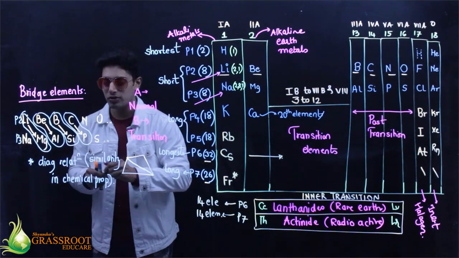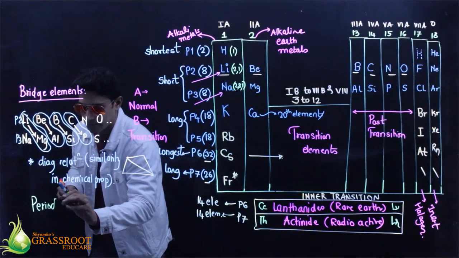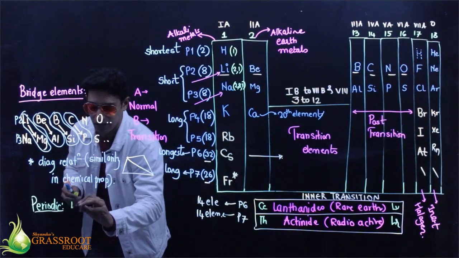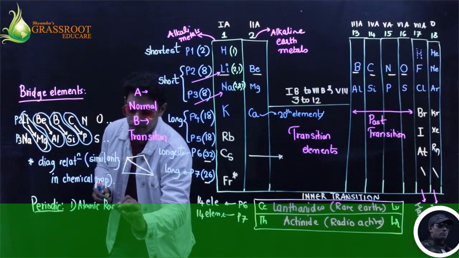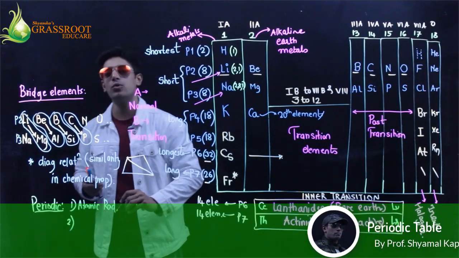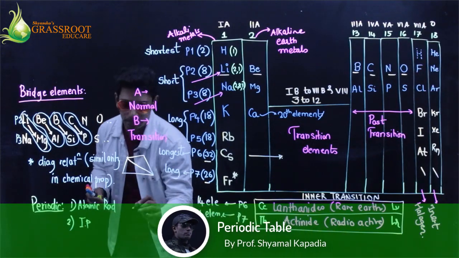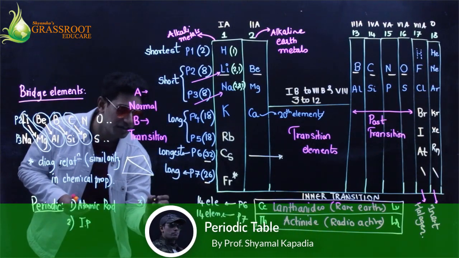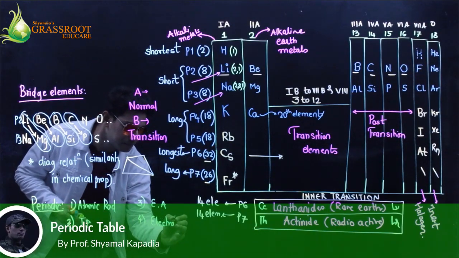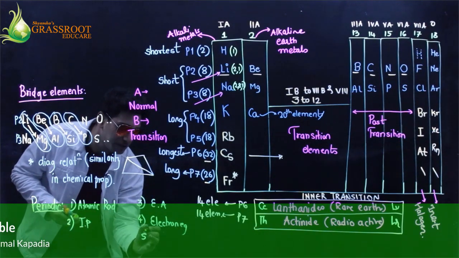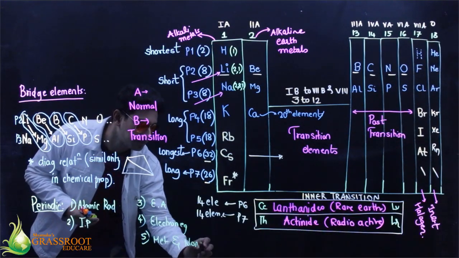Now, if I talk about the periodicity in properties, we are first going to study atomic radius. Then we'll study the second property, ionization potential. We'll study electron affinity, electronegativity, and finally the metallic and non-metallic nature.